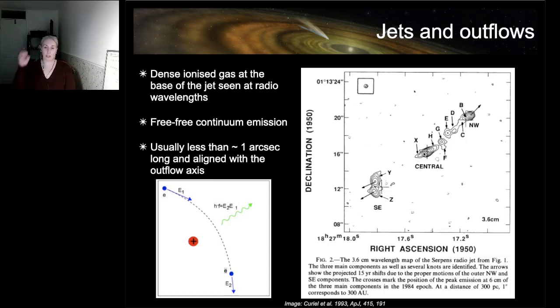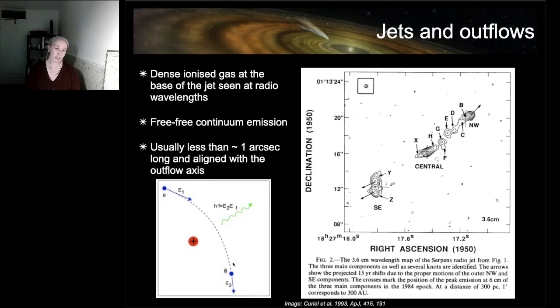And these allow a really unique view into especially very dense star forming regions, because radio wavelength light is able to fully escape the cloud. It's not attenuated by dust, it's not affected by dust. So if we really want to see forming stars within very dense star forming regions, radio wavelengths are a really good way to do that, and we can detect this emission coming from the jet. So the origin of the emission is actually free-free continuum emission, and this originates when you have a positive charge, and you have something like an electron that's being deflected by this positive charge.